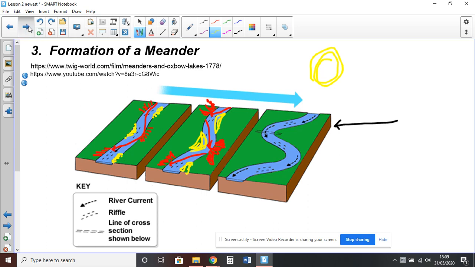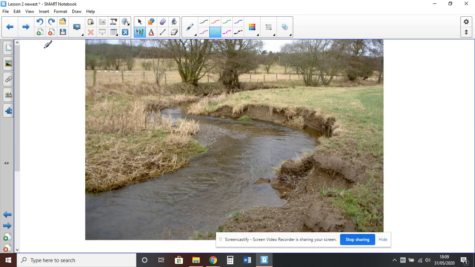Right. What we've got on this next page is a real photo that shows you what's happening. So what we can see is water's coming down towards you. And here, because of the helicoidal flow and the thalweg, the water's getting forced to this outside bank. And you can see here, it's actually undercutting the bank, and bits of the riverbank have been broken off. And that's because of abrasion and hydraulic action.